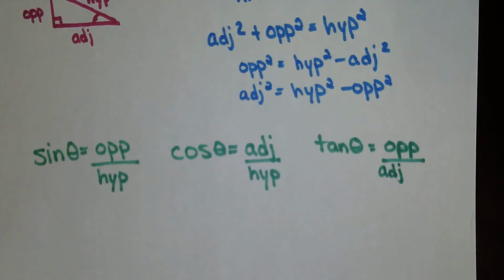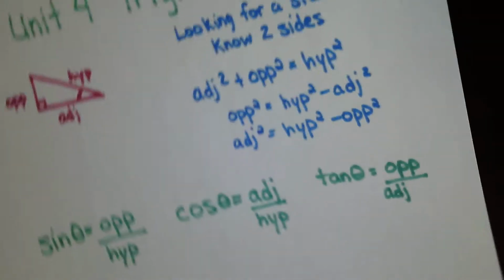Okay, now there's different manipulations, so it depends on if you're looking for a side and you're given an angle and another side. Then you can do some manipulations there. So just gonna kind of bring this back.